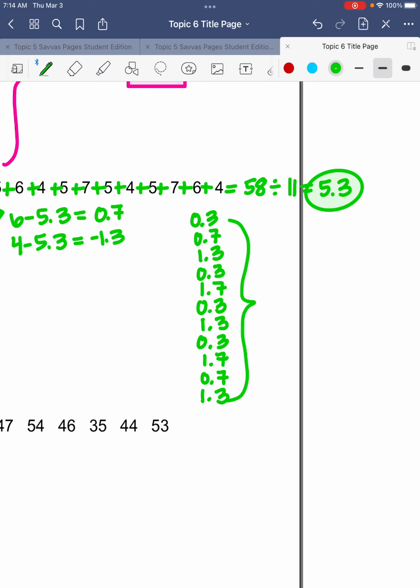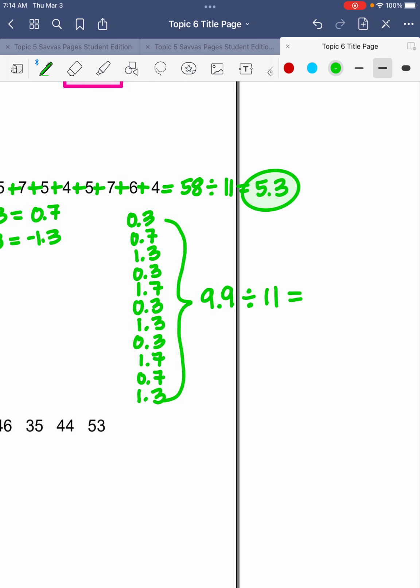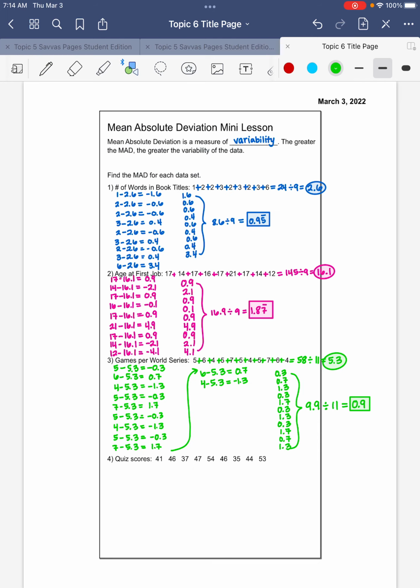And I get 9.9. I divide that by the number of terms we have, which is 11. So 9.9 divided by 11 is 0.9. So 0.9 is our mean absolute deviation. So the data is pretty close together. It's not very spread out.